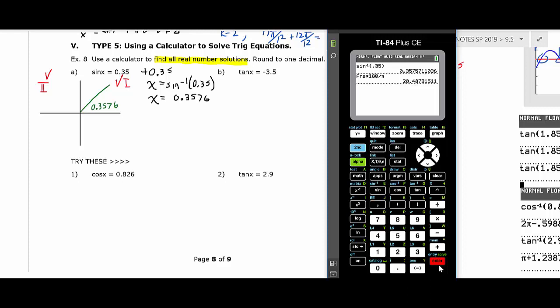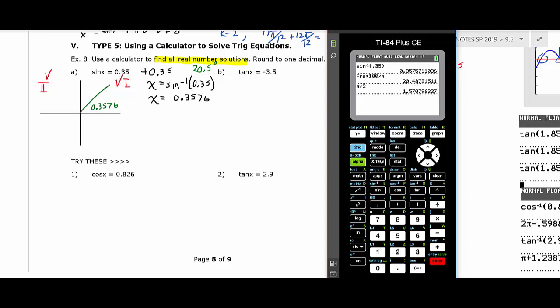That's roughly a 20.5 degree angle, so you're in quadrant 1. You're not used to thinking so much about radian measures and what quadrant they're in. Another good thing to look at is pi over 2. We know pi over 2 is 90 degrees. Well, 0.5 is less than 1.5, so you can tell that's in quadrant 1.